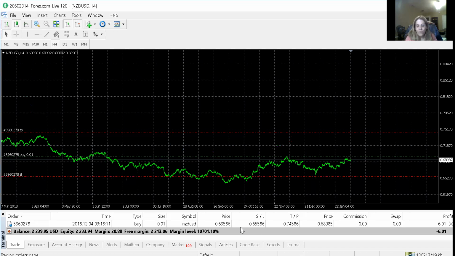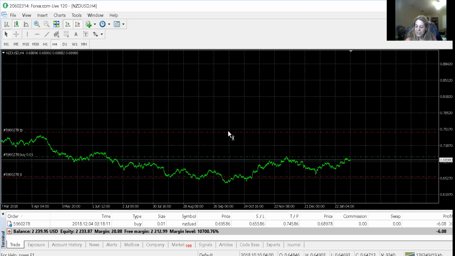My take profit, however, is at 0.74586, which is 5,000 pips or $50. And I can do it that way because my ratio from loss to profit is fine if my profit's higher than my stop loss without any issue.